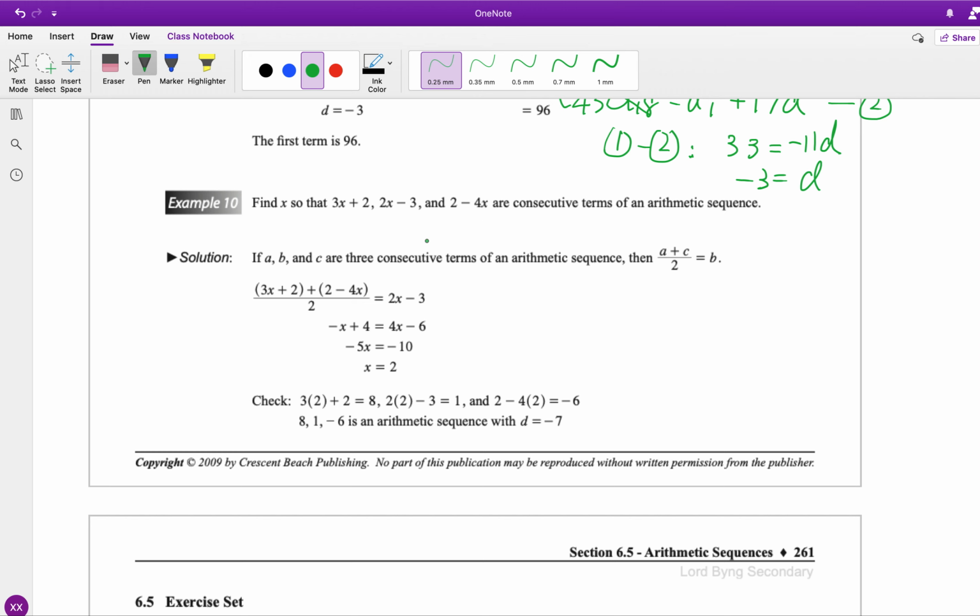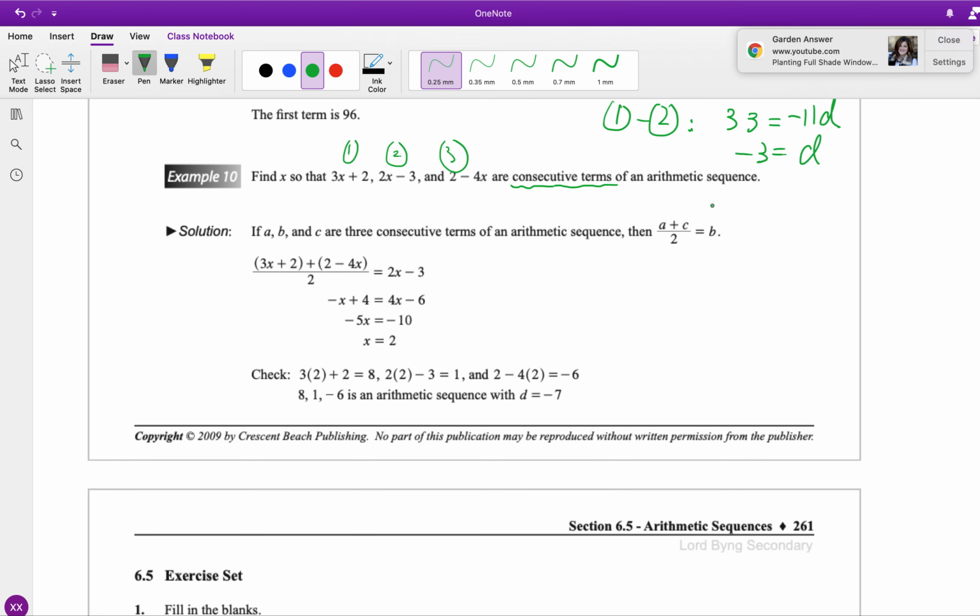I do my way. My way to solve this one is that these are consecutive terms. Consecutive terms means this is the first term, this is the second term, and this is the third term, or this is a4, this is a5, and this is a6. We understand what consecutive means. And it's an arithmetic sequence, so this one subtract this one should equal this one subtract that one, because there's a common difference.